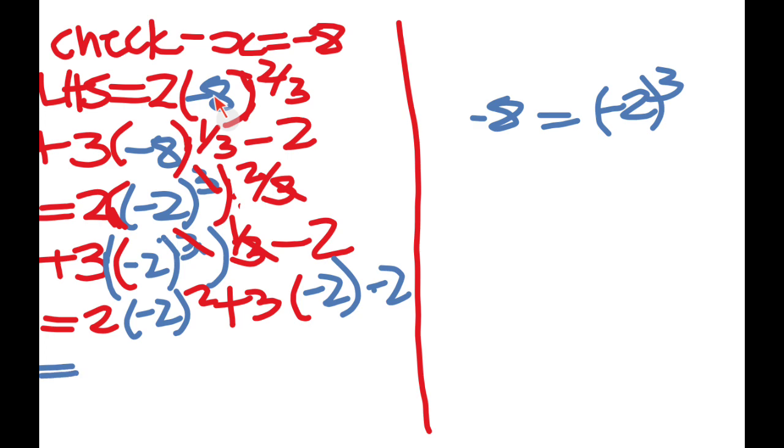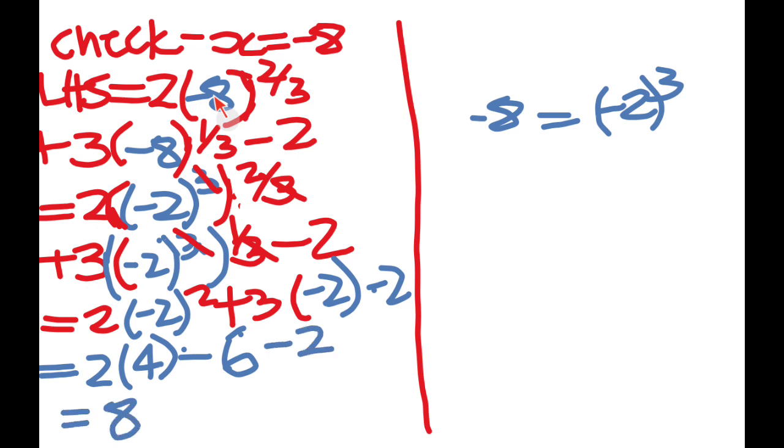That is equal to 2 times negative 2 squared, that is 4, minus 3 times 2, negative 2, that's minus 6, negative 6 minus 2. So that is 8 minus 8, which is equal to 0. Now that means x equals negative 8 is a solution, so it checks out.